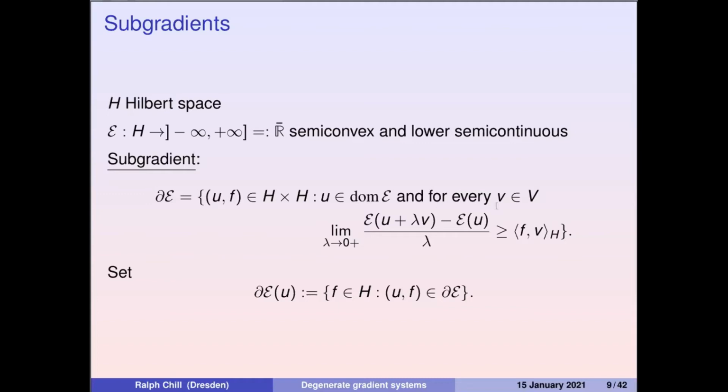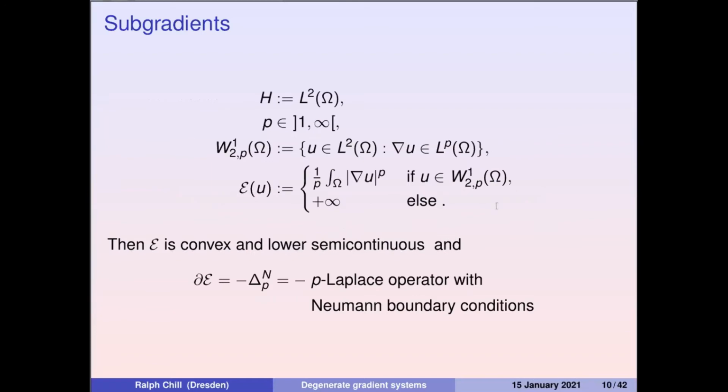So it's a set valued function also, but really it's a relation. And here is an example, a classical example. The Hilbert space is L2, and we take P some number between 1 and infinity, and we define this non-standard Sobolev space of all functions in L2 with gradient in LP. And the energy is the Dirichlet energy, but here with P: the integral of gradient u to the power P, if u is in the Sobolev space, and plus infinity else.